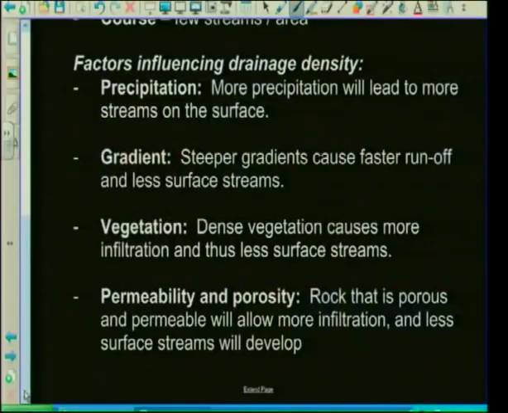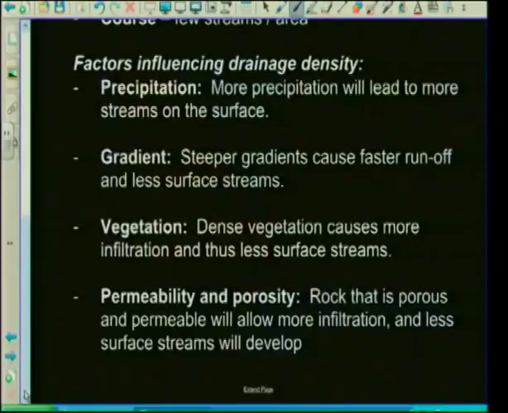With gradient, steeper gradients once again cause the water to run off the Earth's surface faster, and therefore there will be fewer surface streams found on top of the Earth's surface. Vegetation: dense vegetation causes more infiltration, and therefore there will be fewer streams on the surface of the Earth.